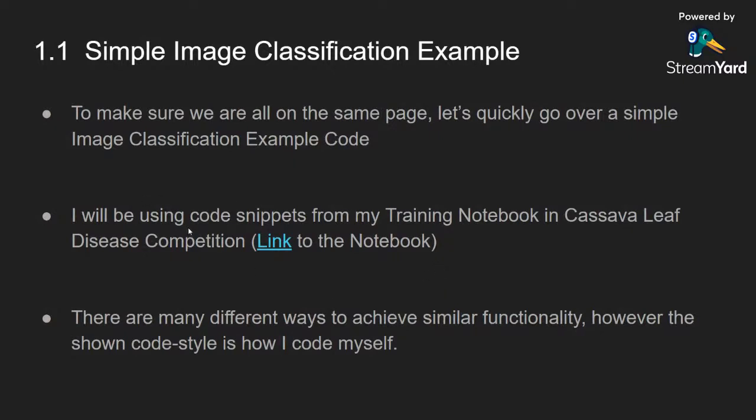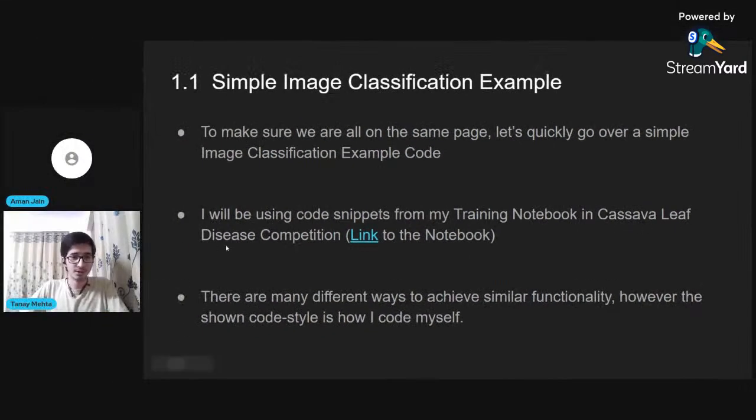The code snippets in the following slides are from my training notebook in a past competition called the Cassava Leaf Disease Classification competition that was hosted on Kaggle a few months ago. After this event, you can go to the slides and click on the link to view the actual notebook, so you can see it for yourselves.